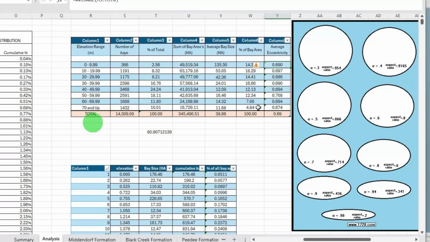Basically, if you look here at the little chart I have, 0.69 is basically 0.7. So they're very, very consistent between this shape. Definitely closer to this, that's the 0.7. The rest are between these two. So that was also kind of an interesting distribution, that on average bays in all of these elevations have the same eccentricity, at least as given from the Ovade Basin sheet.